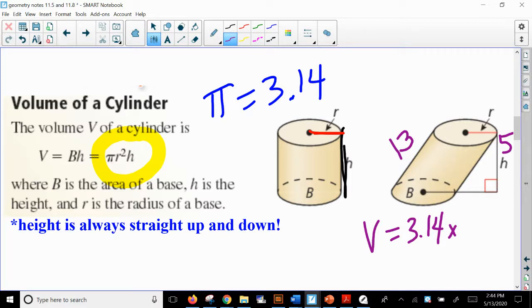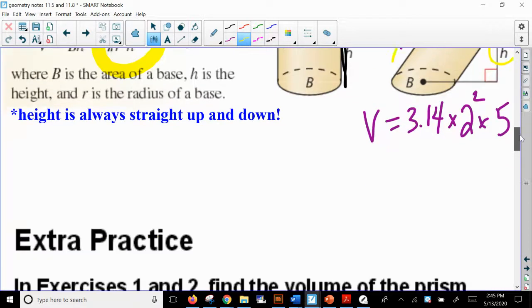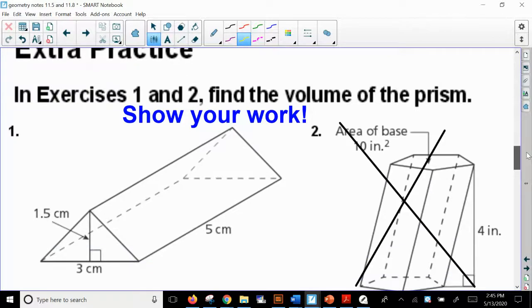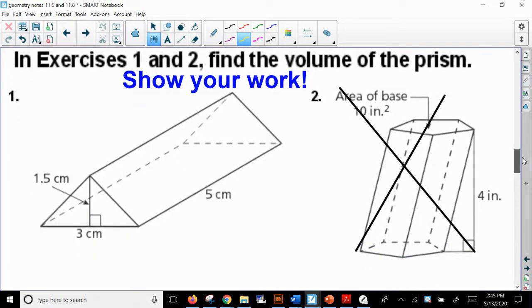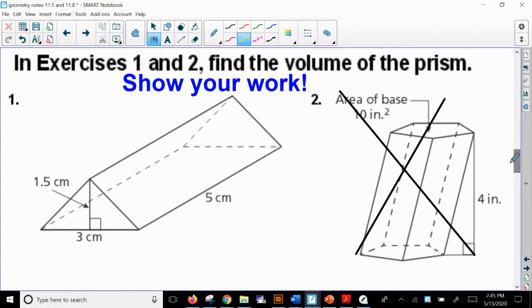Let's say the radius was 2. So I do 2 squared times the height. The height is 5. You don't need the slanted height at all. You will ignore that. You need straight up and down. That's your real height for real. Okay? All right. I like this chapter because we're using formulas. You just have to know not to get got.